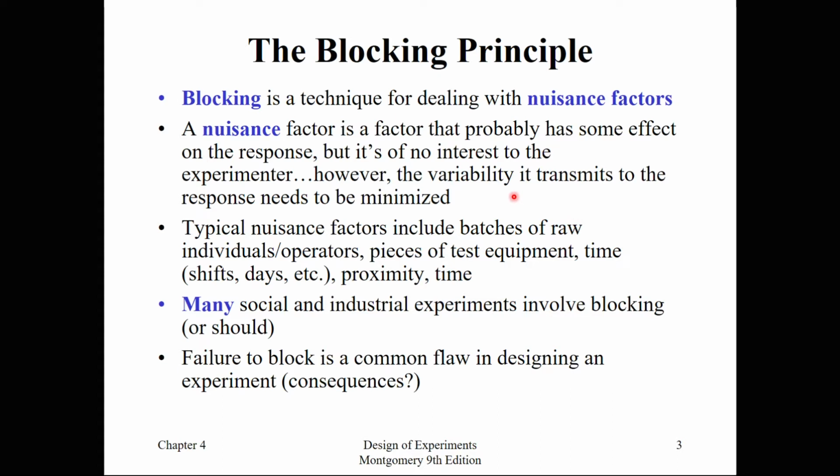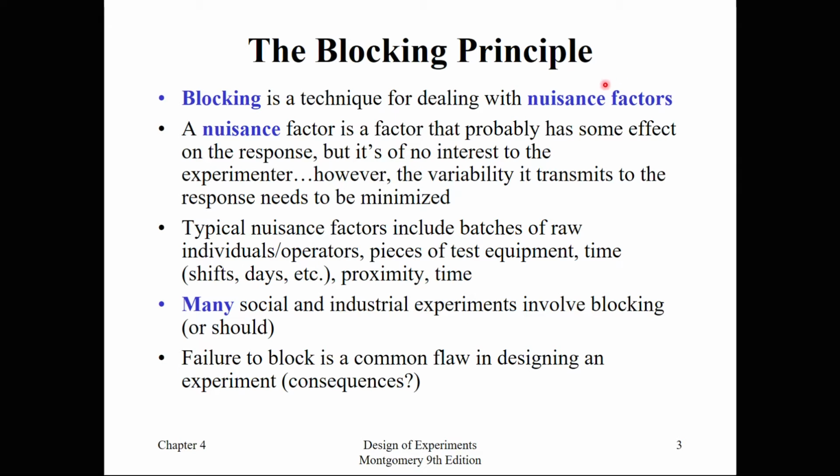The variability, however, is a problem with these, because if we don't account for this, it's going to make the response vary. So long story short, if you recall back to our signal versus noise, the TV signal versus the white noise, if we just leave in the nuisance factor, it's going to add to the white noise. So what we want to do is remove the nuisance factor from the white noise so that we can look more closely at the signal that we care about, the TV program we're trying to look at.